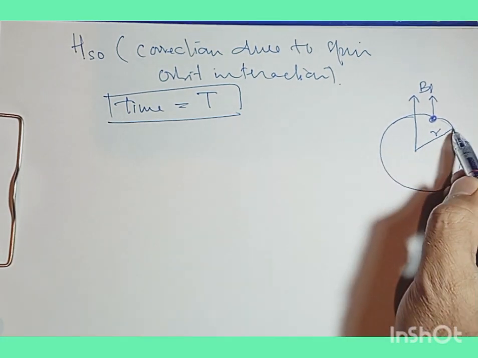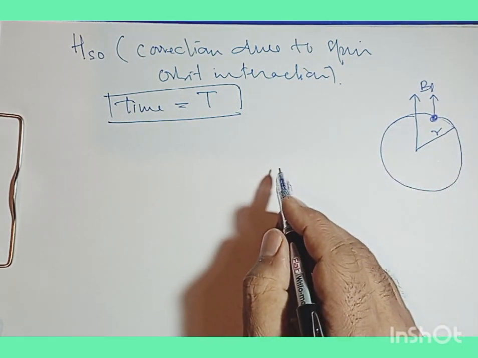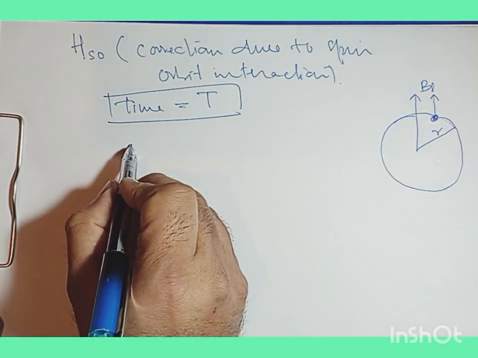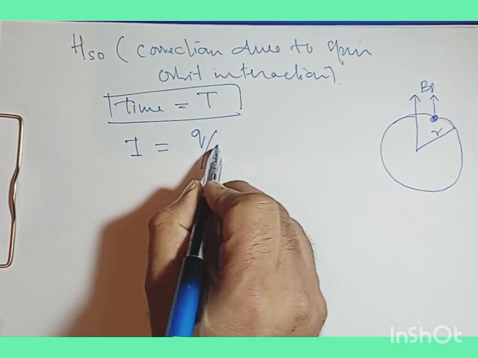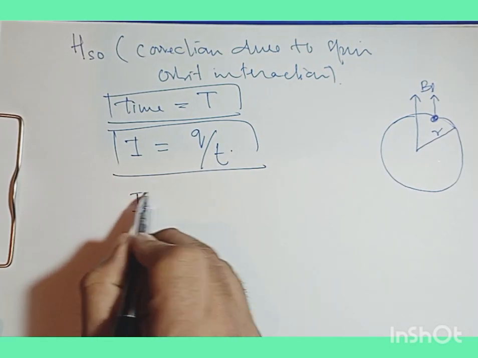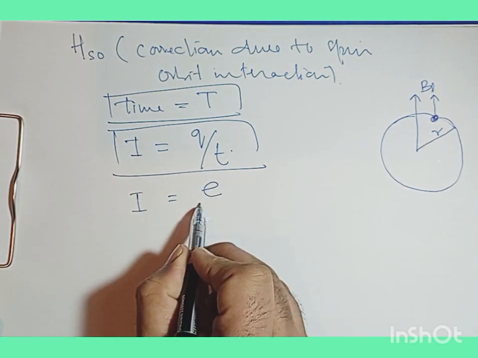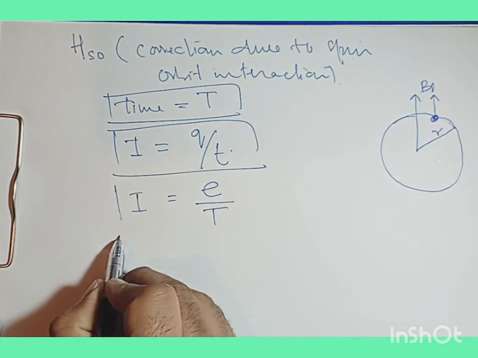So this orbiting electron is equivalent to a current, and the current is simply the rate of flow of charge. Now here I have one electron, so I'll take e, and the time to complete one revolution is capital T.